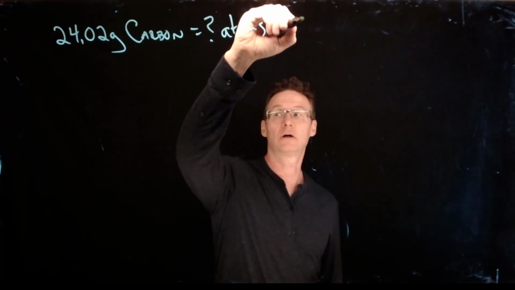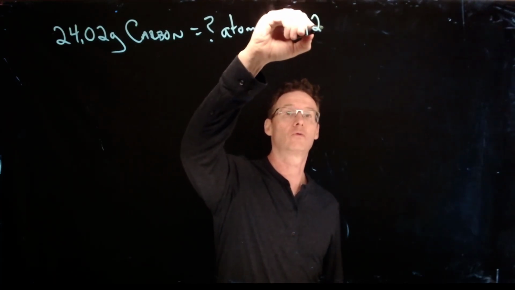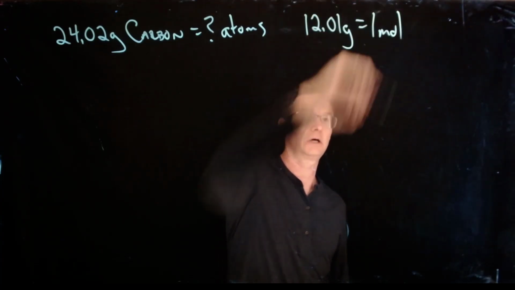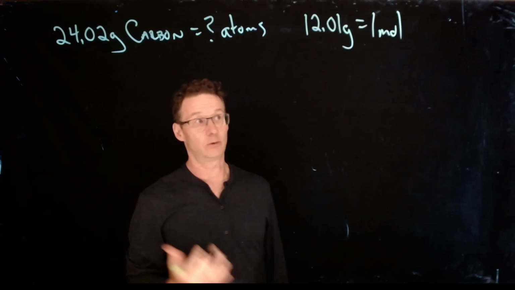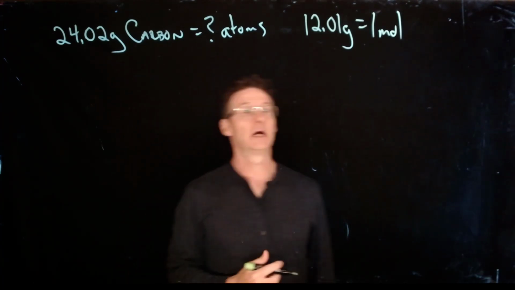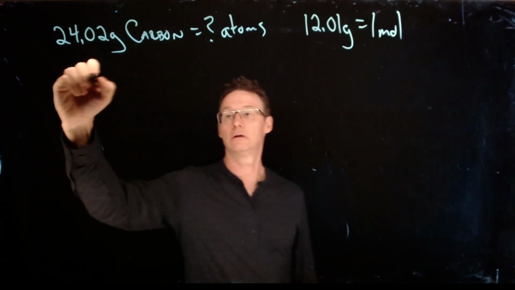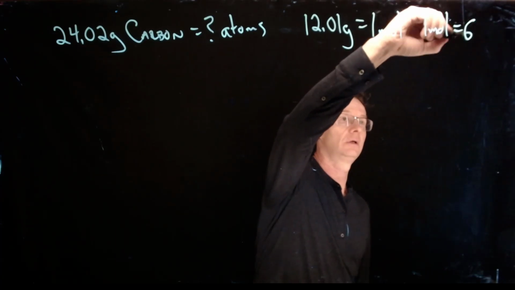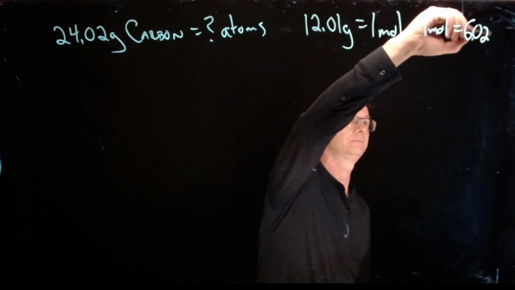We can convert grams of carbon to moles of carbon. Okay, that's molar mass. Again, that would be using the periodic table. That's a different concept that would be in a different video. And then we can convert moles of carbon to atoms of carbon.